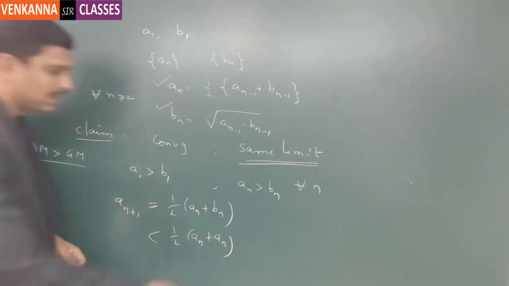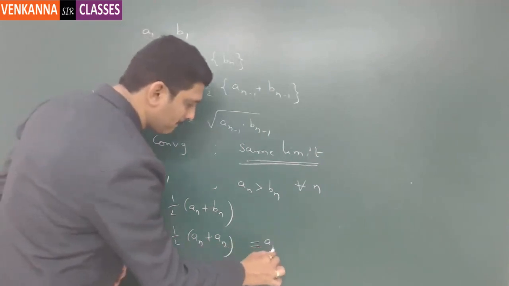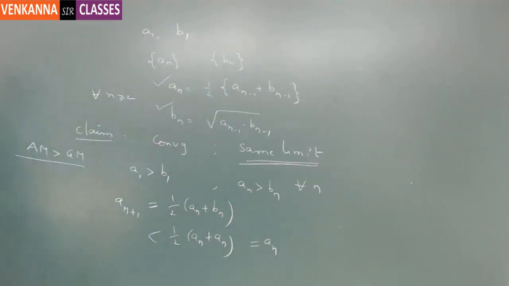So it is nothing but an. So what you got here, a(n+1) is less than an. Yes or no? In other words, an is greater than a(n+1).